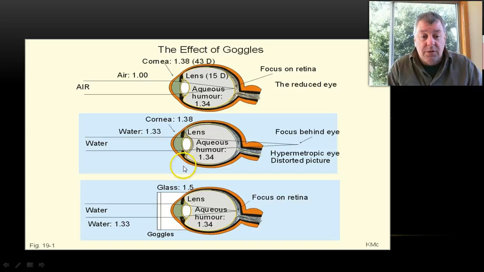For us humans though, we can't evolve that rapidly, so we need to wear goggles if we want to see underwater. Because the human eye is designed to work in air, the goggle uses a glass plate with air behind it, so the refraction is such that we can see perfectly clearly underwater when we wear goggles.